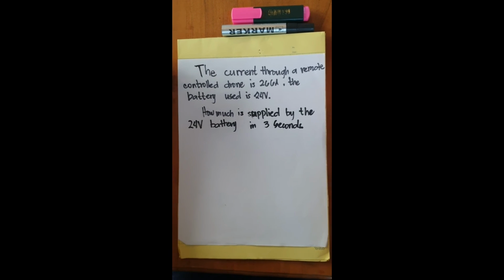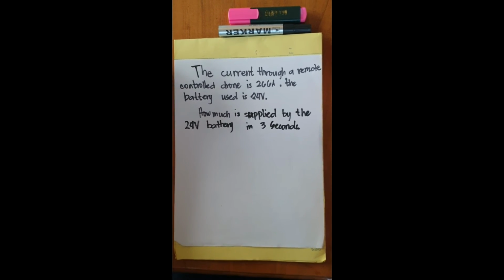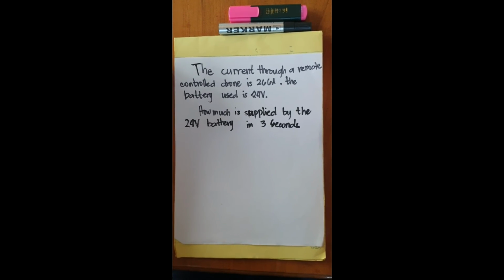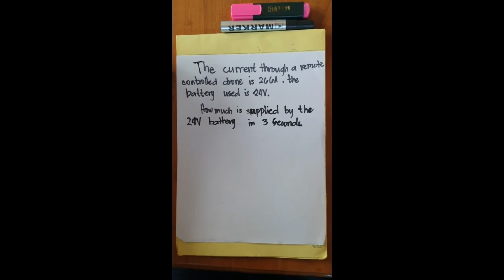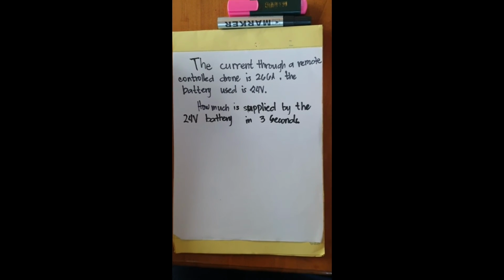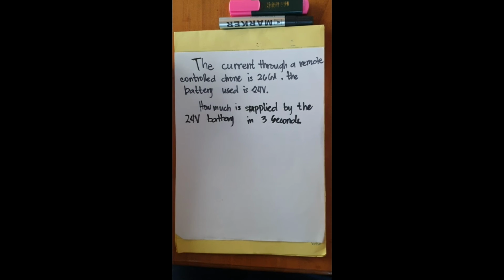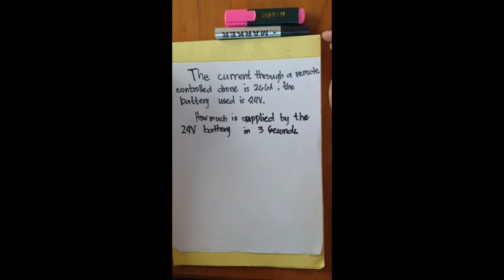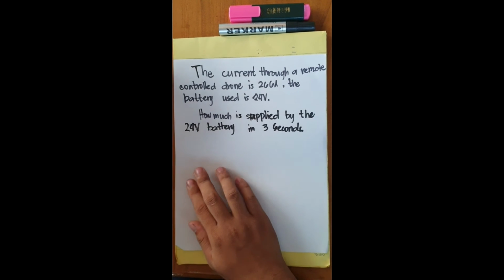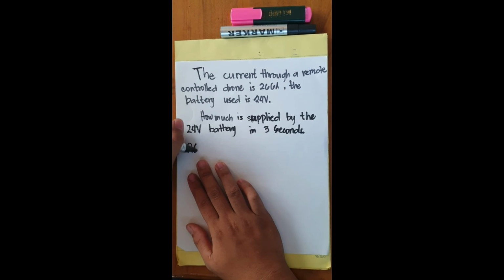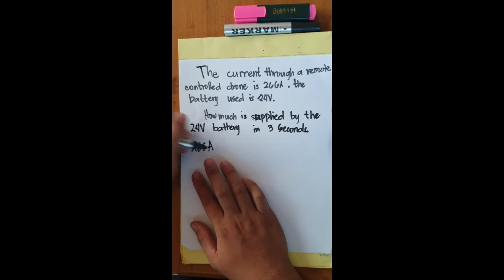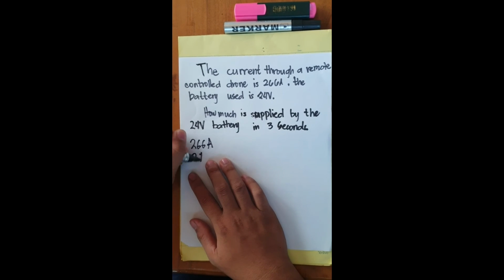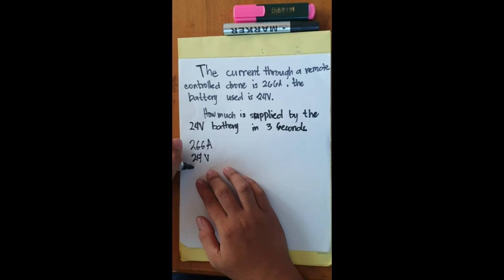In this example, the current through a remote controlled drone is 266 ampere. The battery used is 24 volt. How much energy is supplied by a 24 volt battery in 3 seconds? So we have the given of 266 ampere, 24 volt battery, and 3 seconds.